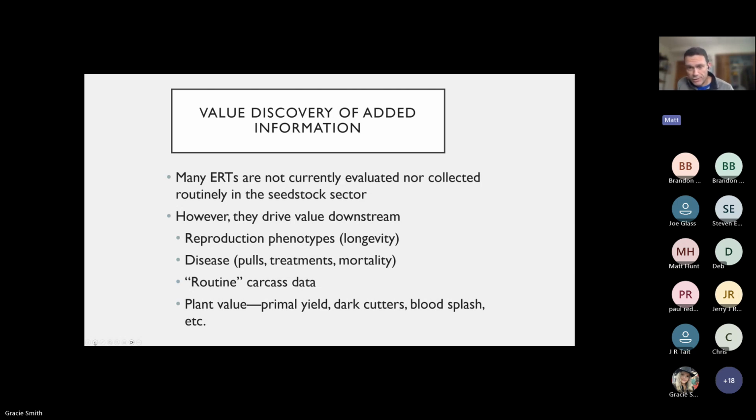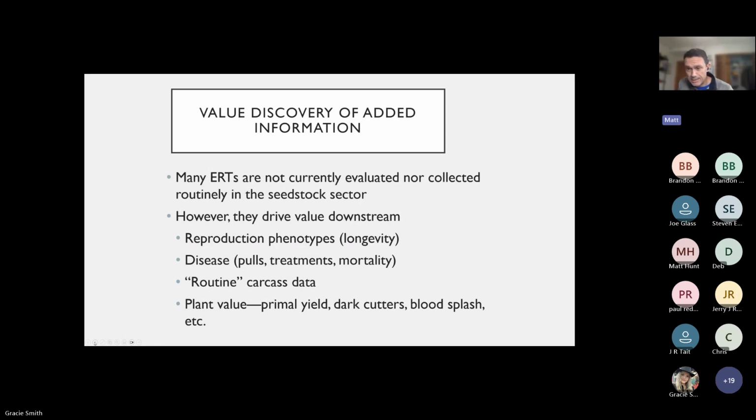I list some here: reproductive longevity of commercial females, things related to disease that may exist in feed yards, routine carcass data, things that drive packing plant value like primal yield, etc. So I put this plug in for all breed organizations to think about the ability to reach downstream and garner data that clearly is a driver for profit of people that take hold of our animals after we relinquish control or after we sell them.